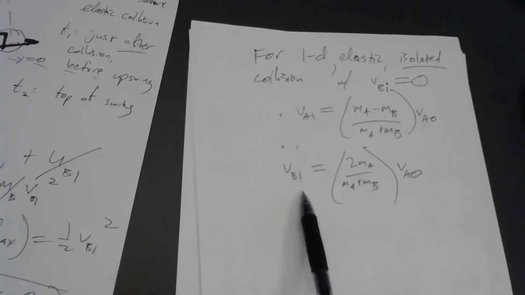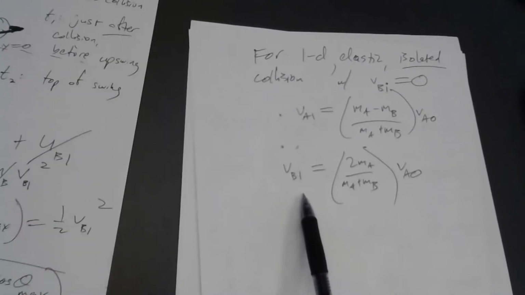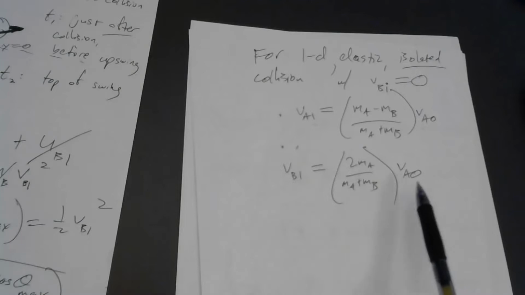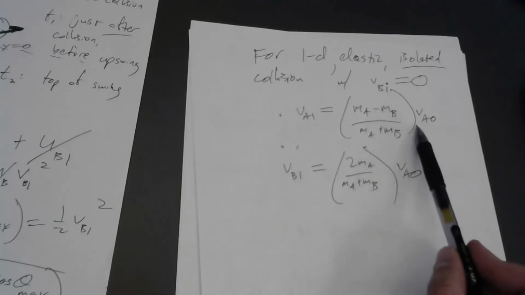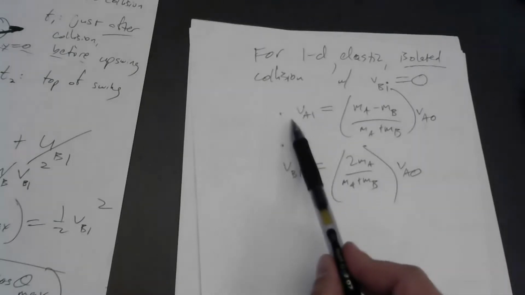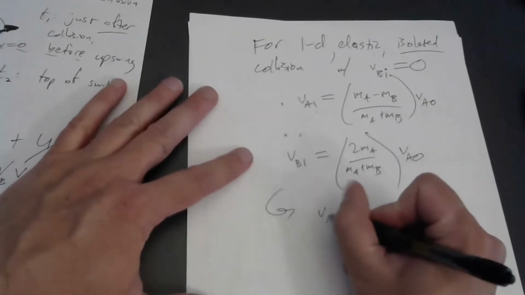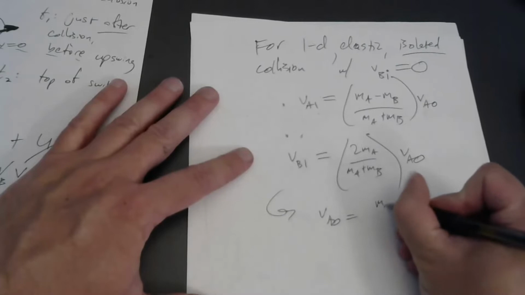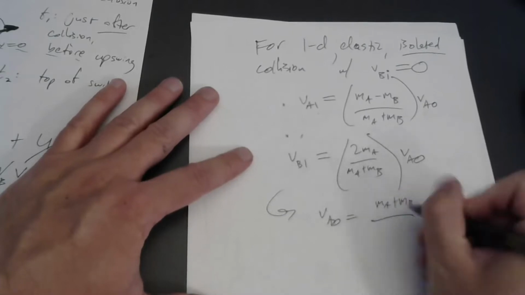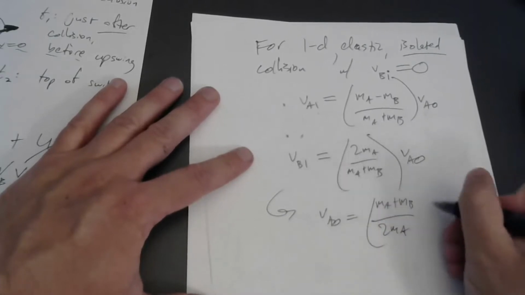We know VB1. This is the number that's known. So I think what we could do is solve this equation for VA naught, plug that in there, and then we'll know what VA1 is. Great. So this implies that VA naught is MA plus MB over 2MA times VB1.